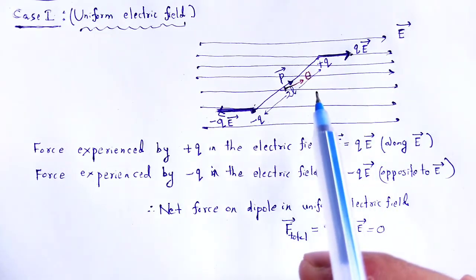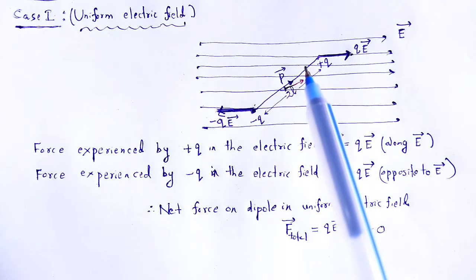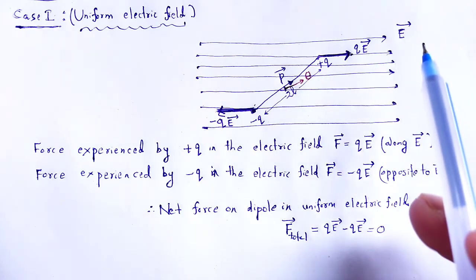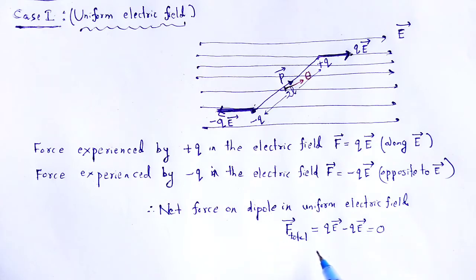So when an electric dipole is placed in a uniform electric field, the net force experienced is 0.